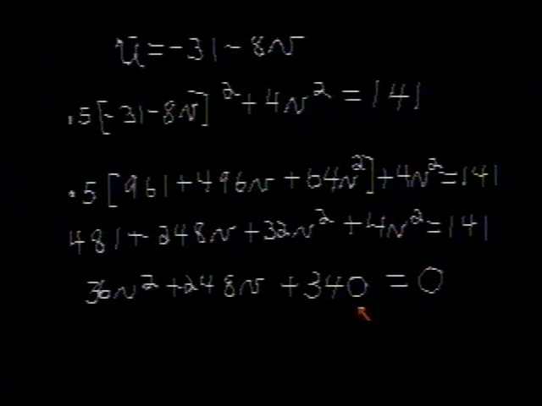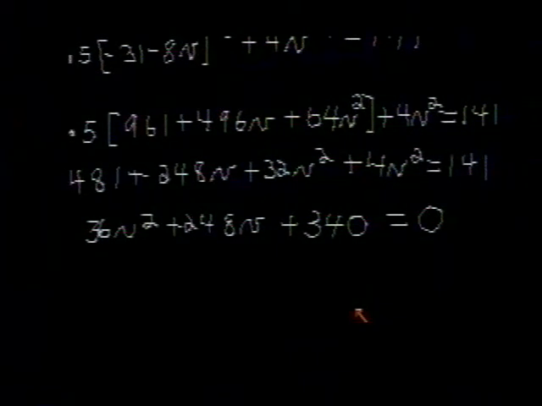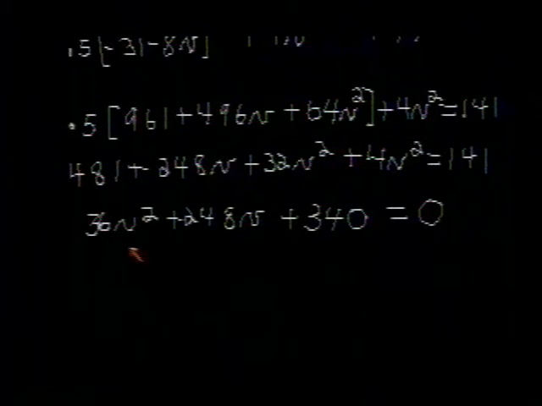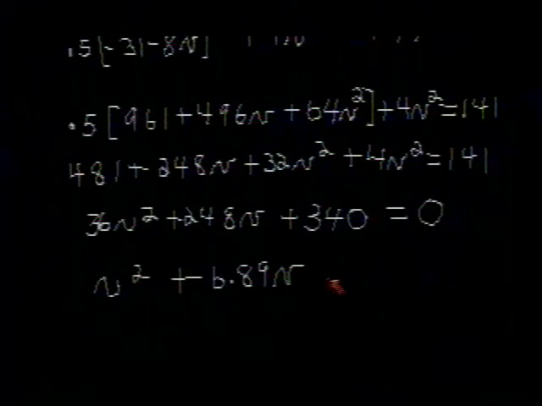I'm going to simplify this a bit by dividing both sides of this quadratic equation by 36, and that will leave me v squared plus 6.89 times v plus 9.44 all equal to 0.